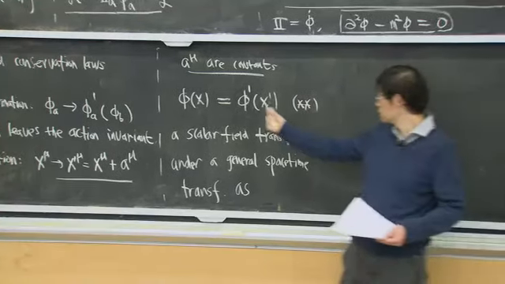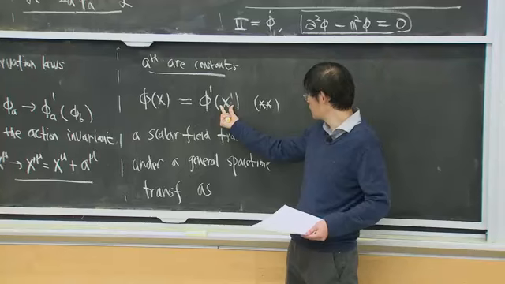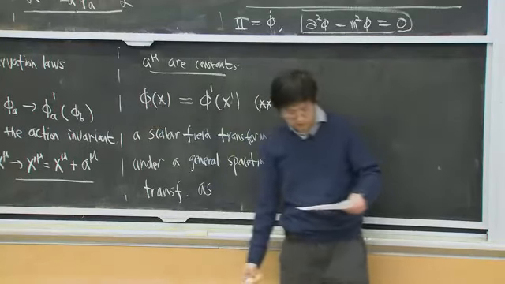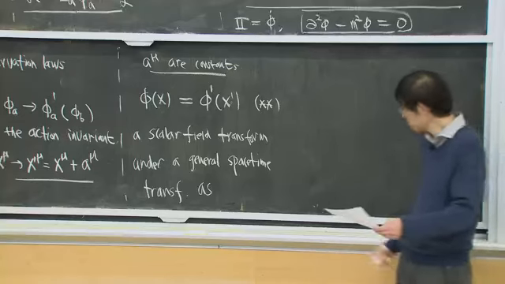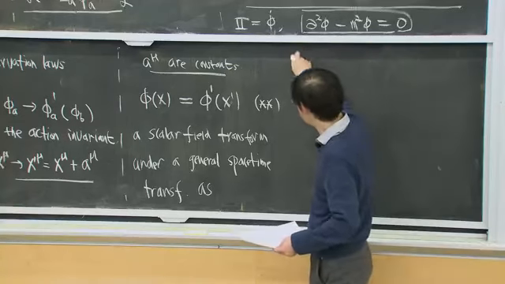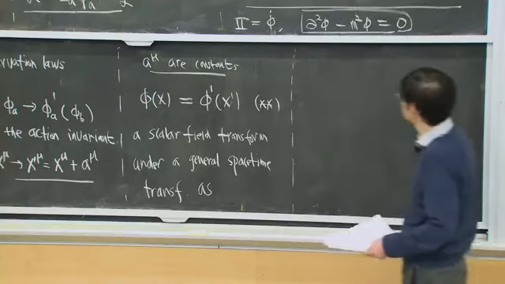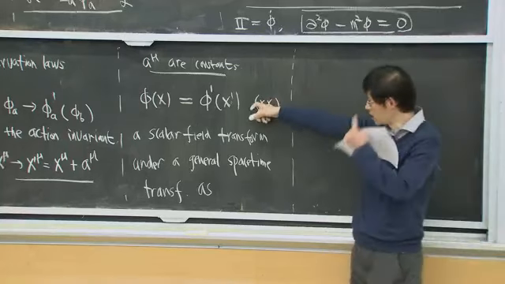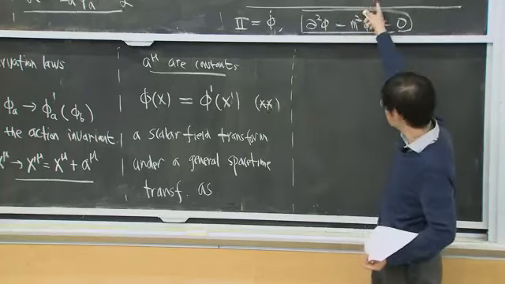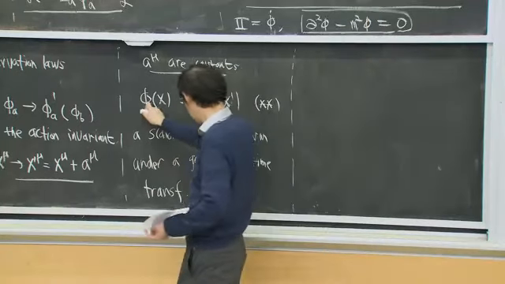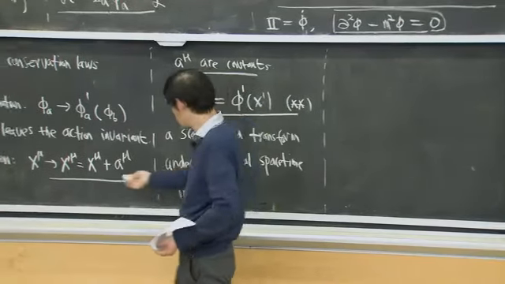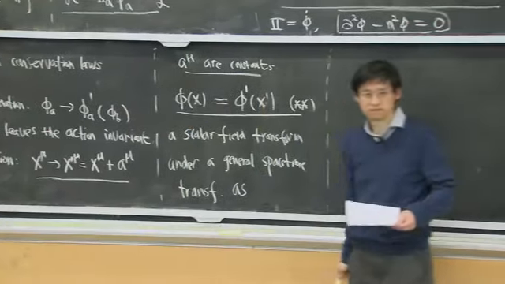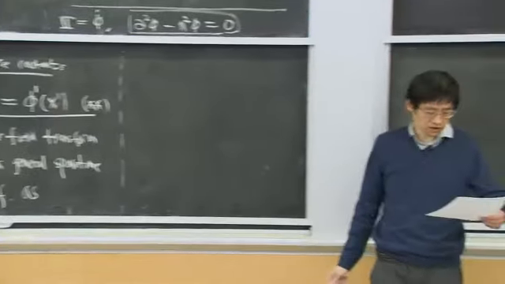The new phi evaluated at the new location should be the same as the value of phi at the original location. And you can easily check yourself. I will not do it here. It is an exercise for yourself, that this action is invariant under this transformation with this change of x. Any questions on this?